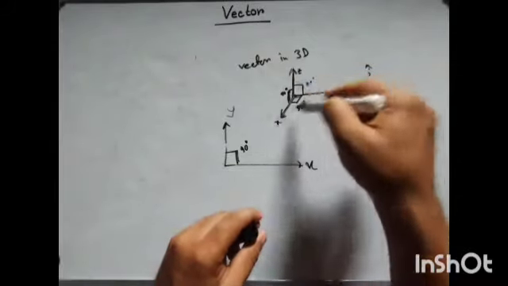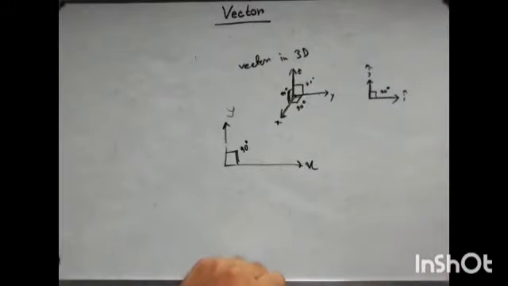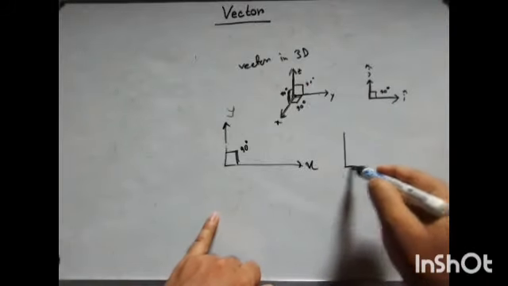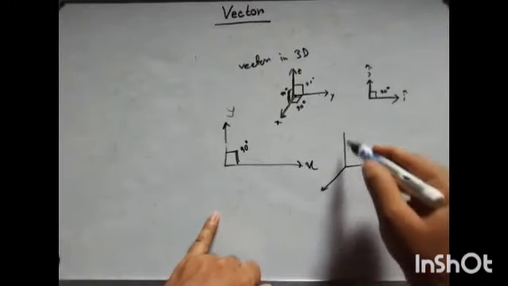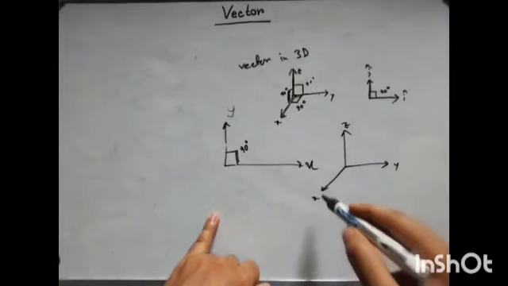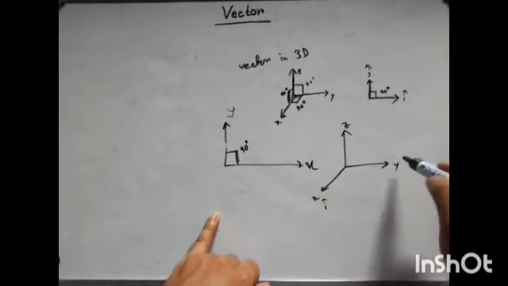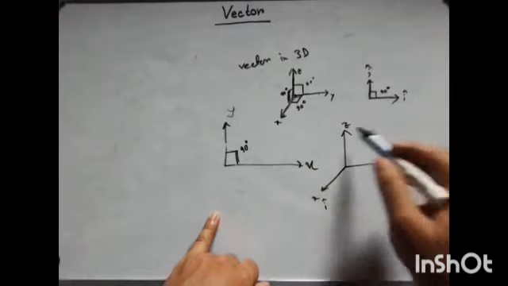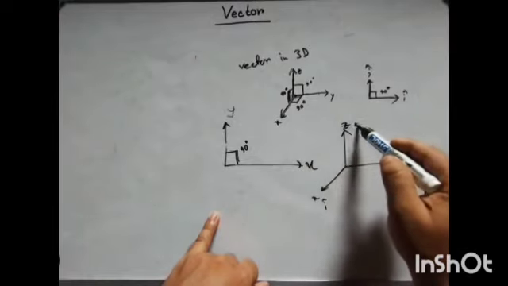Okay, so this is 3D. So if in 3D you draw a vector, suppose this is your x axis, y axis, z axis. Unit vector along x axis is i cap, unit vector along y axis is j cap, unit vector along z axis is k cap.